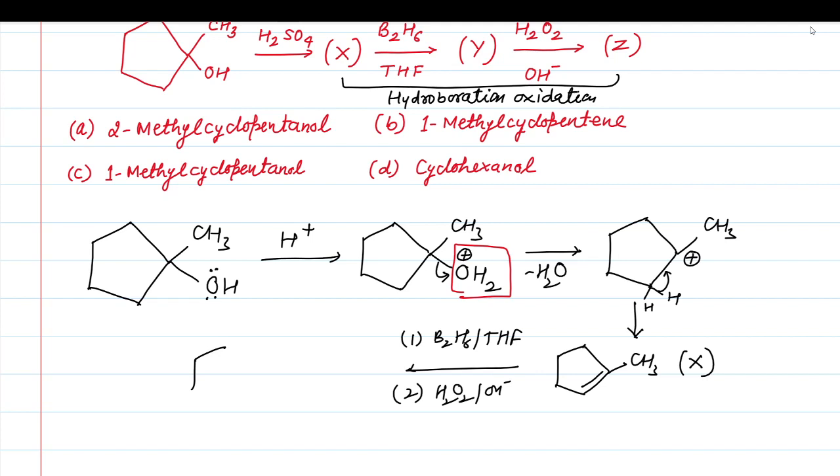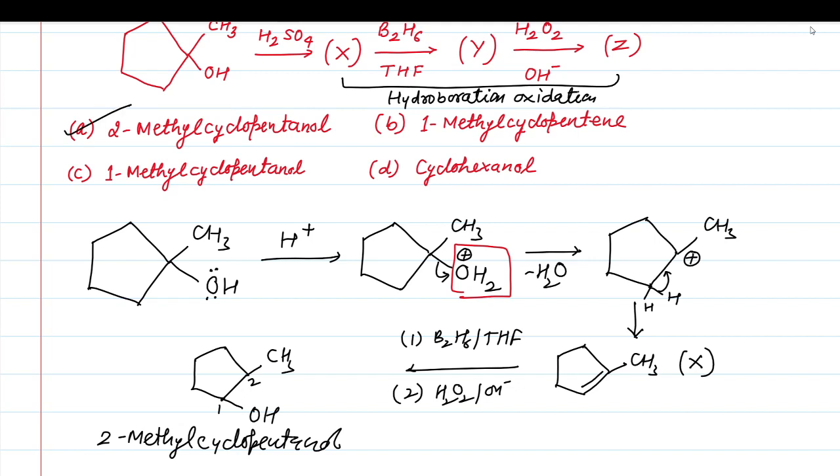So the product formed should be like this, right? So it is 2-methylcyclopentanol. So if you would like to get Z, then A is the right option.